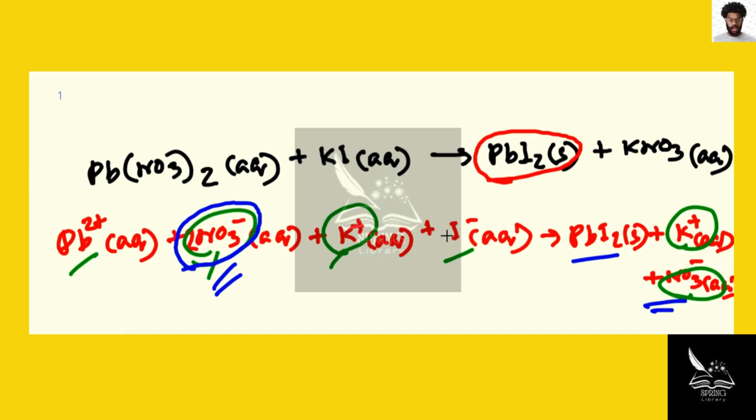So ions like nitrate, which always remain in ionic form in aqueous solution, will always remain as spectator ions in any precipitation reaction. From the given choices, we have to find out which ions will always remain soluble in aqueous solution and never form an insoluble ionic compound.